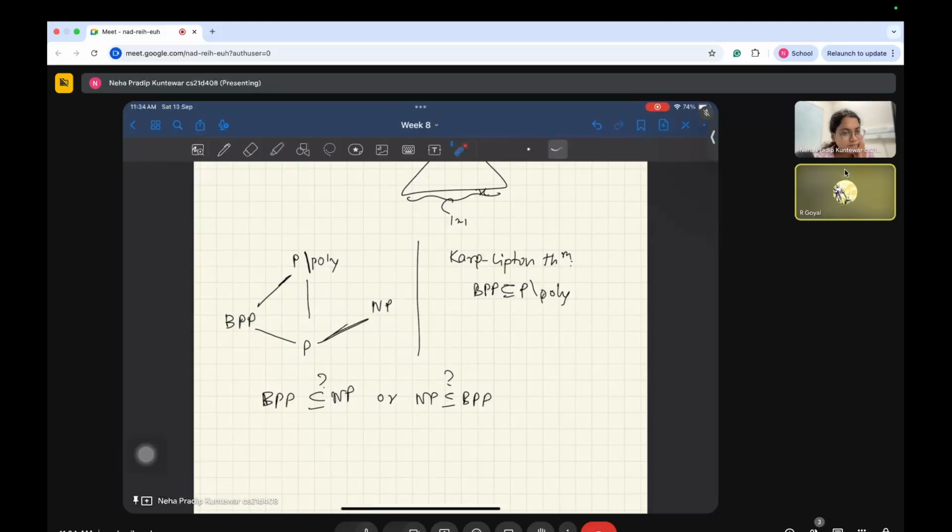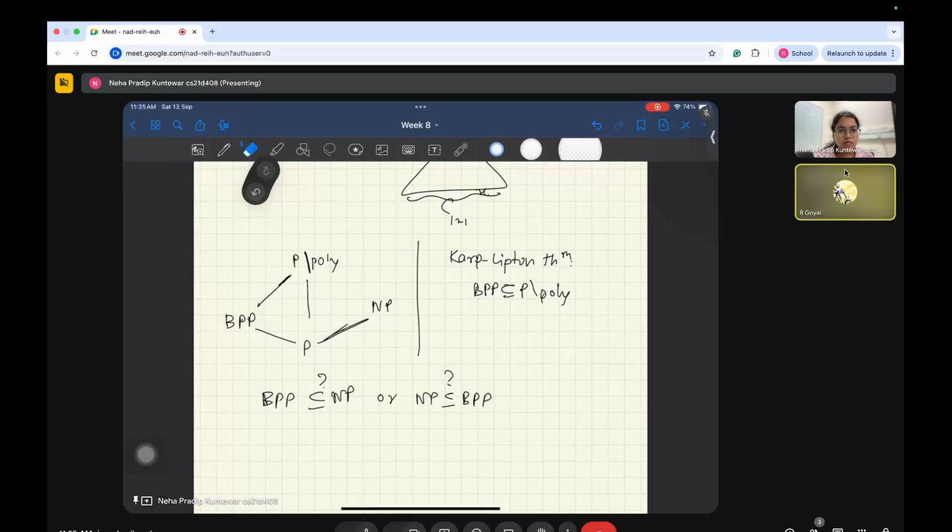Connection would mean that we are trying to connect something specific to something general. All the complexity classes in the time domain were general. We were defining a single complexity class for all input sizes, and here we are specific to the input size. So how is this happening that circuit complexity is connected to time complexity?